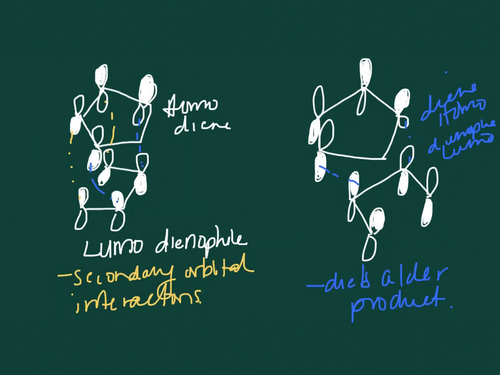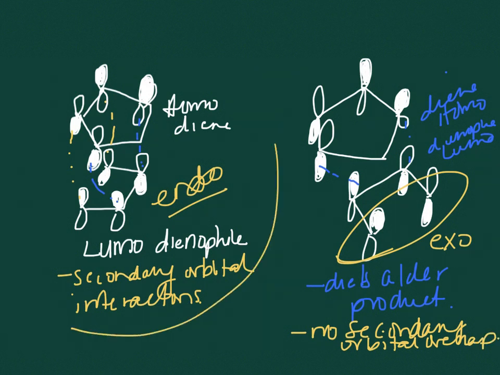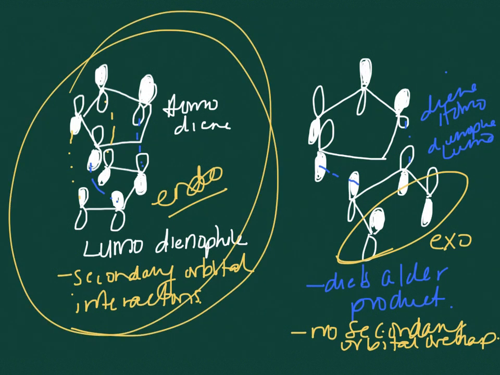What you can see when the substituents are in the exo conformation, okay, so this was endo, you have no secondary orbital overlap. So this is why the endo conformation is preferred.